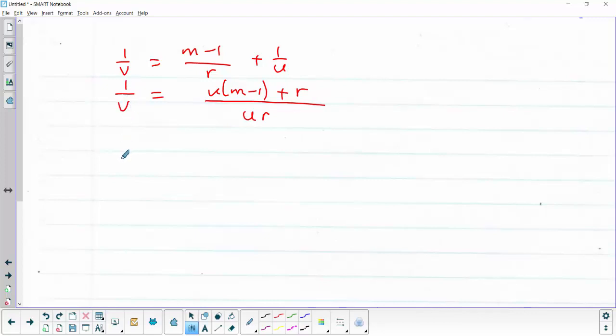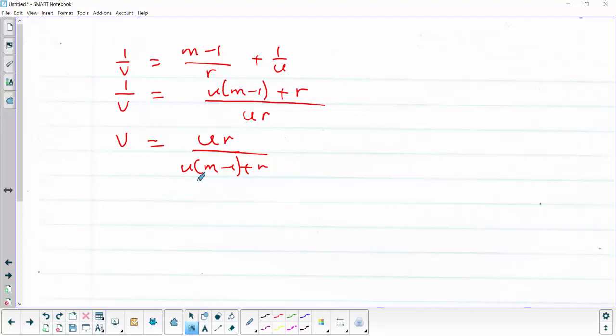So remember, we are trying to make v the subject of the formula. We take the reciprocal of this one. Automatically, we are going to take the reciprocal of this one as well. So it's going to be v equal to ur over u into m minus 1 plus r. That is the v now. So let us now compare it with our given answer.